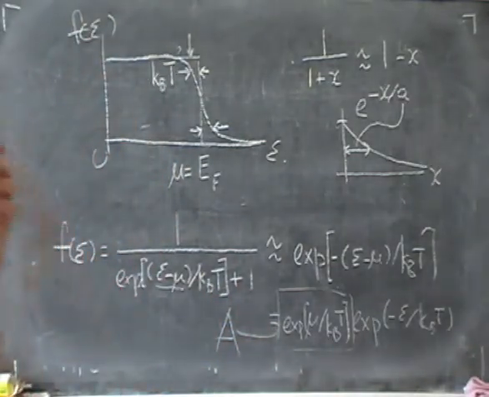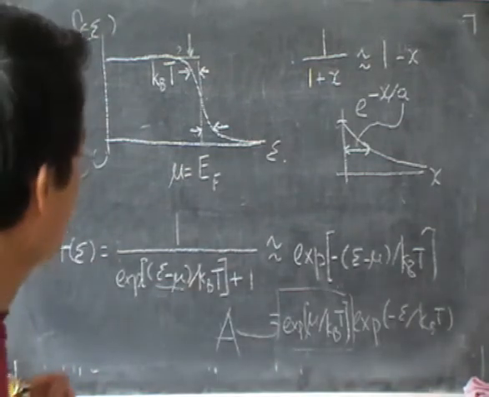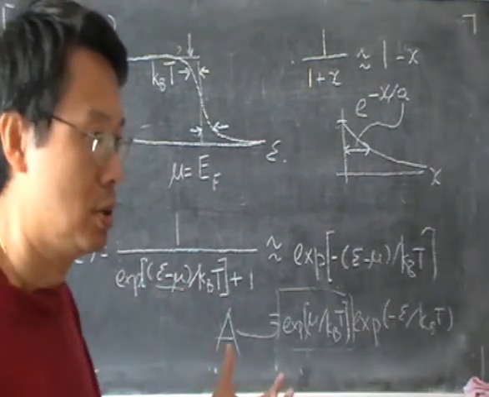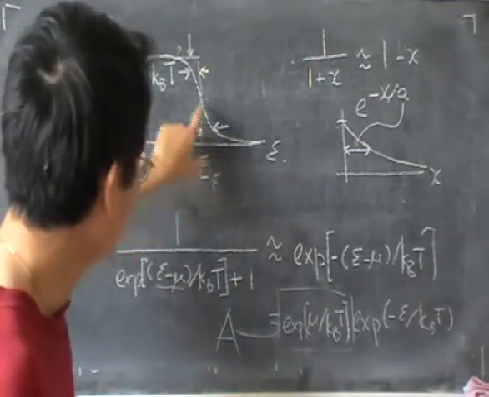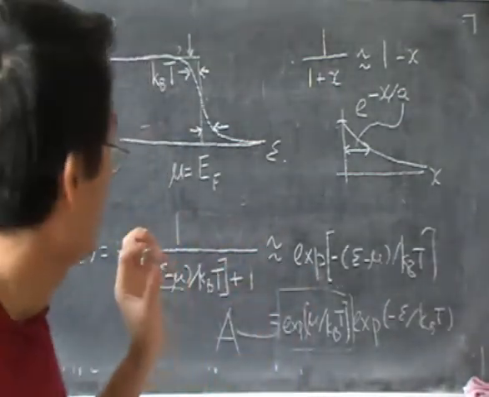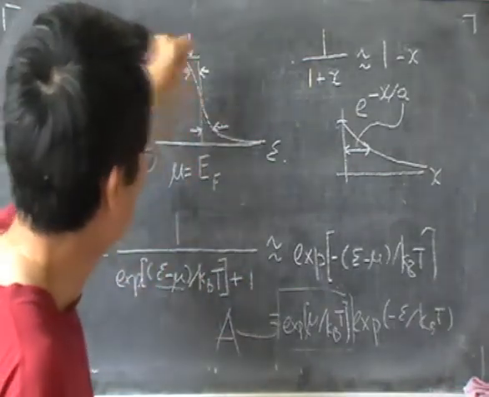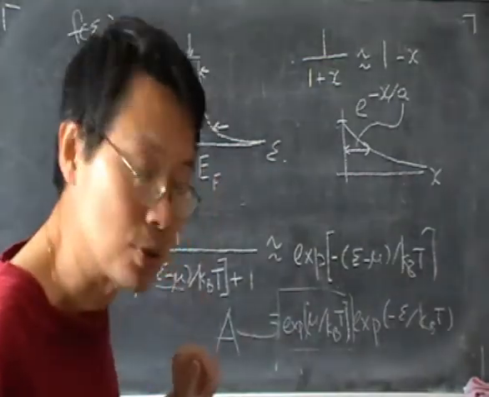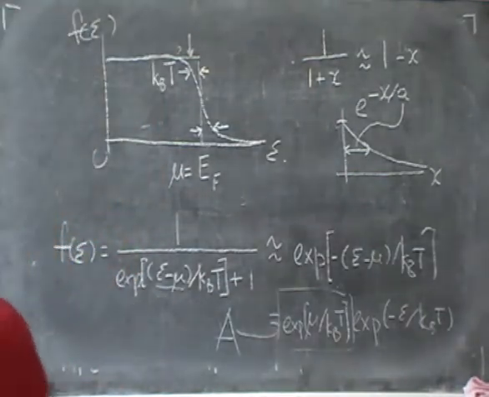So although we have seen from the experimental evidence that we cannot treat all the electrons in a metal as an ideal gas, at least we see from this result that we can treat the excited part as approximately an ideal gas. So what we are going to do now is try to find the total energy of the excited electrons and see if that can give us the correct heat capacity.